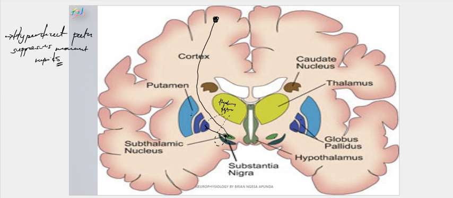We are depressing the excitatory signal that normally emanates from the thalamus back to the cortex, specifically the primary motor area, before this information is sent using the corticospinal tract. So this is regarded as the hyperdirect. The end result of this is suppression, if you are able to follow the logic.